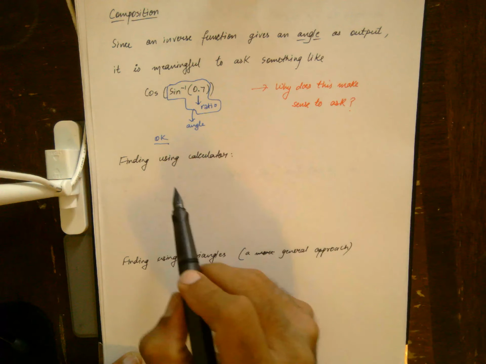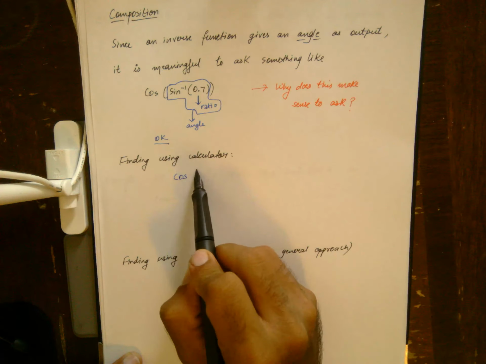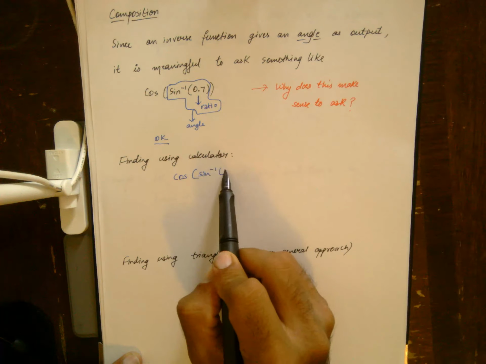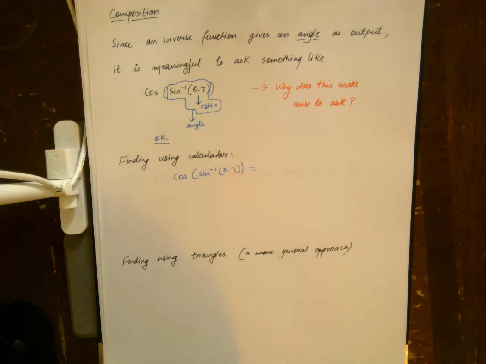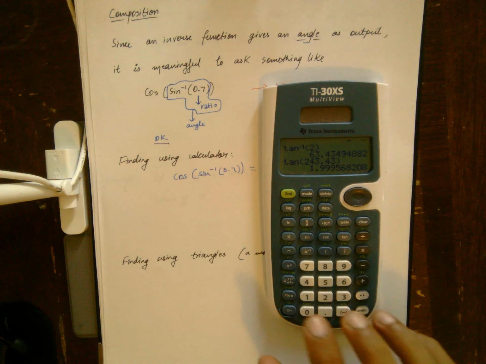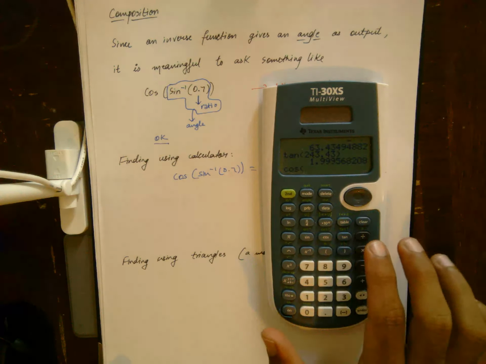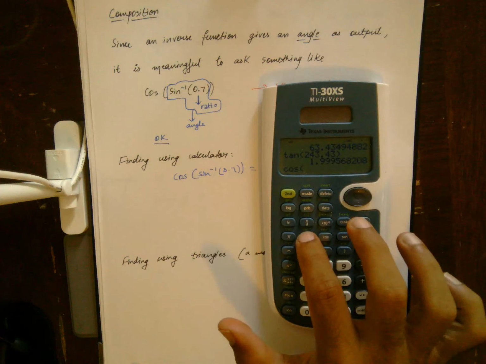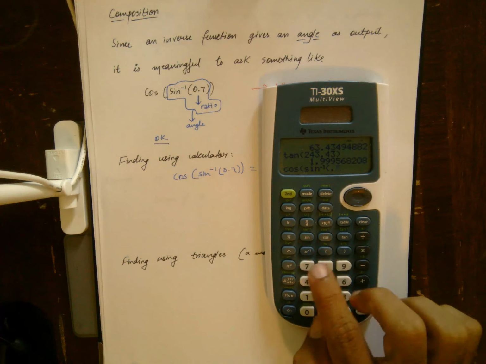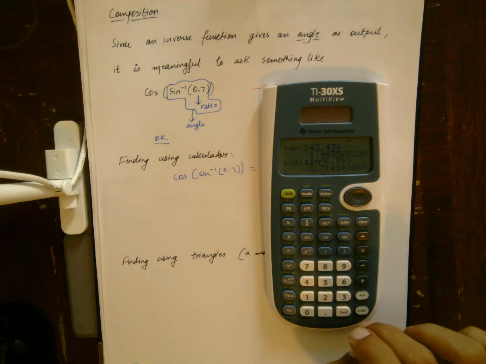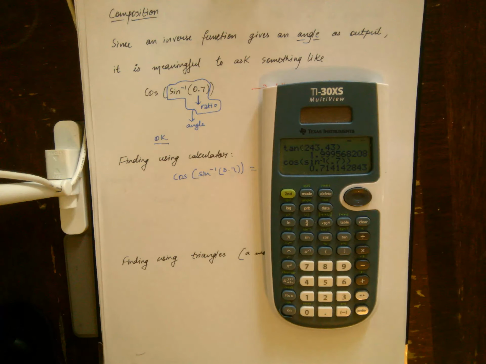Okay, so let's try to find this using the calculator, and you would write this down exactly as it looks right here. So you would say cosine of sine inverse of 0.7, and it comes out to 0.714.